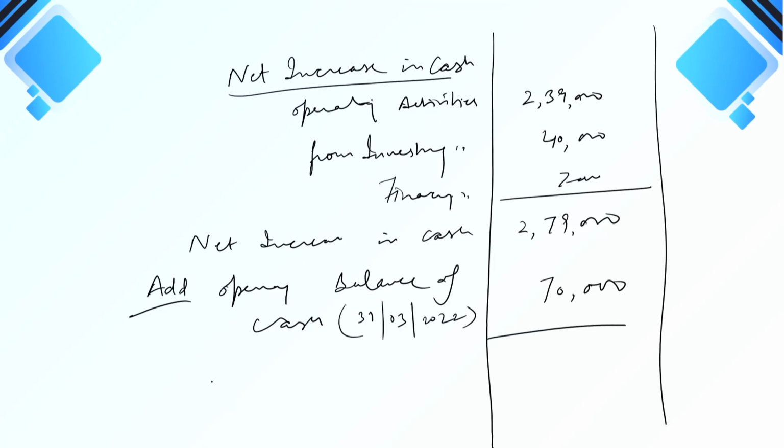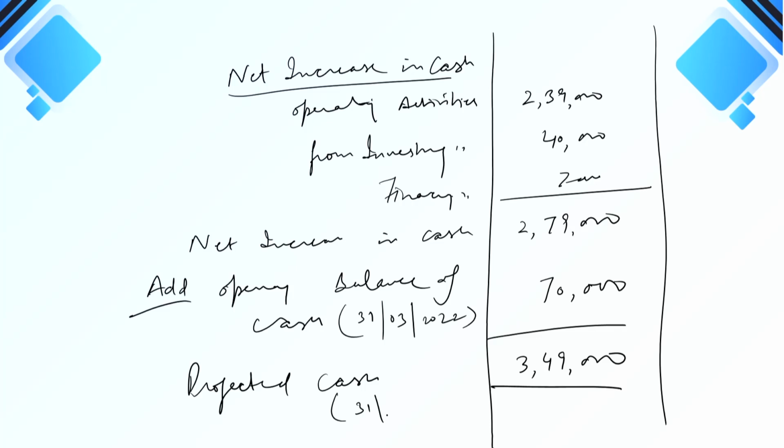So the total projected cash is 3,49,000. This projected cash applies for 31st March 2024.